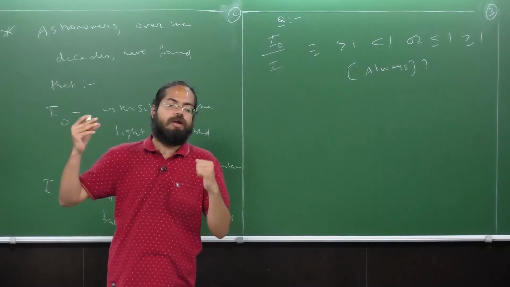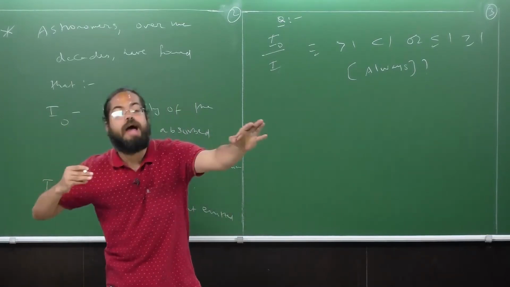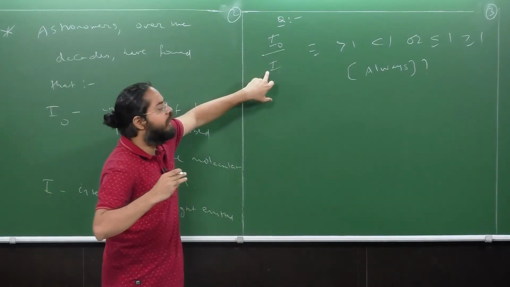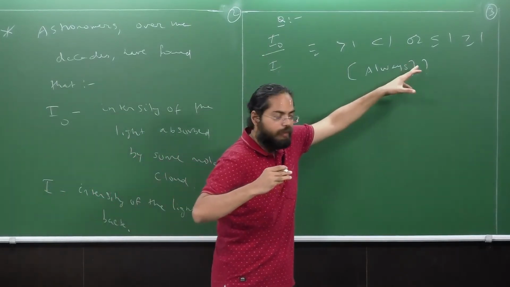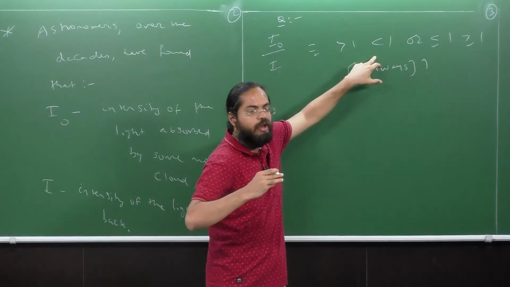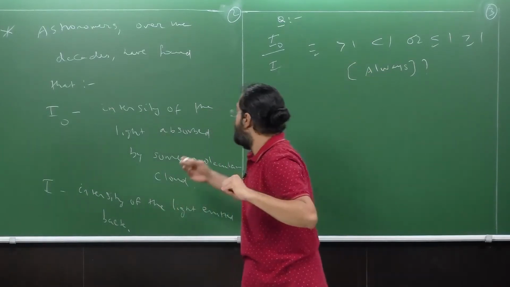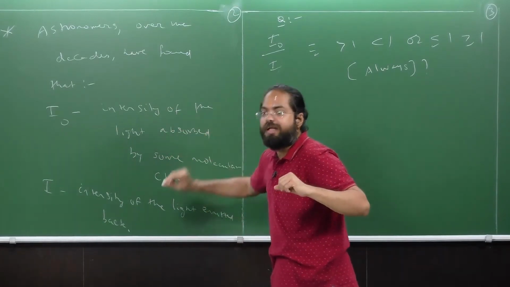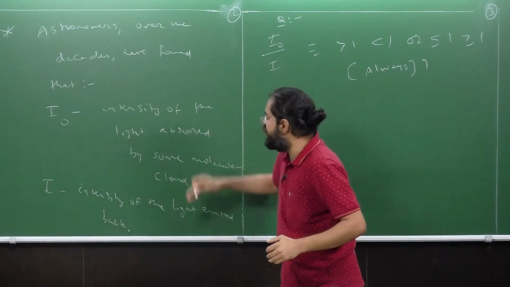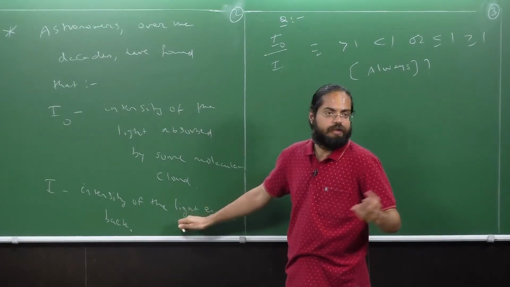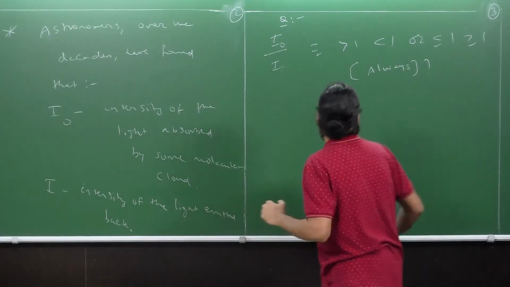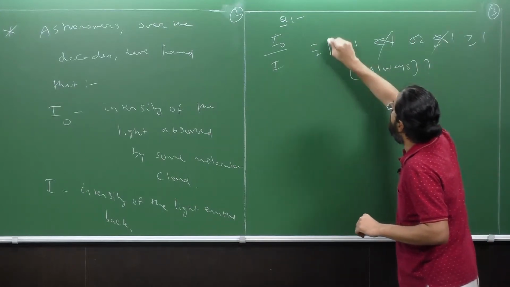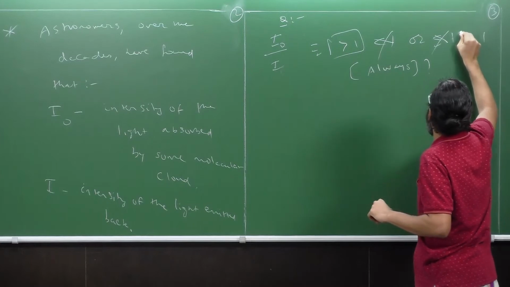So when molecules absorb light, they either emit back everything, in which case the ratio is exactly 1, which is not even part of the option, or the amount of light absorbed is going to be greater than the amount of light emitted. Are we good with this? Therefore, it can never be less than 1 or less than or equal to 1. It is always either greater than 1 or greater than or equal to 1.